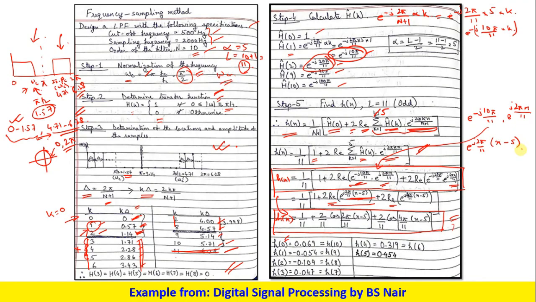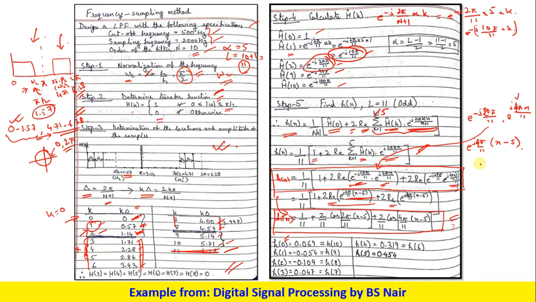In the second case, for k equals 2, what do we have? We have 20, and this would become 2 multiplied by 2, 4. So here we have taken 4 common, e to the power j 4 pi by 11, again n minus 5.